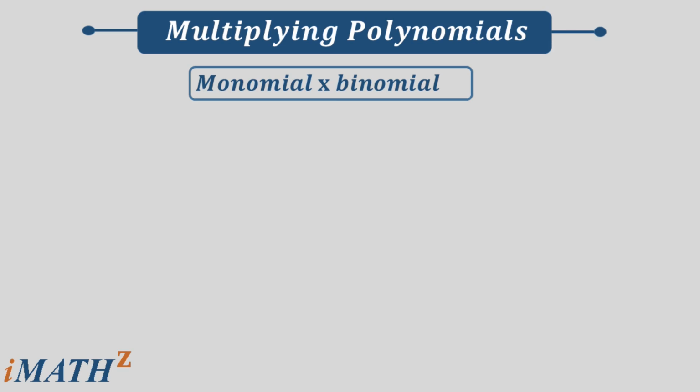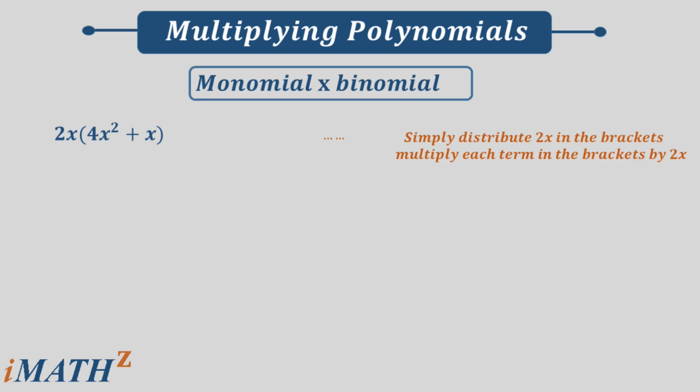The next type of polynomials we may need to multiply would be a monomial times a binomial. To do that, we would need to use the distributive property and multiply all the terms of the binomial by the monomial. So for instance, if we had 2x times 4x squared plus x, we simply need to use the distributive principle and multiply all the terms in the brackets by 2x.